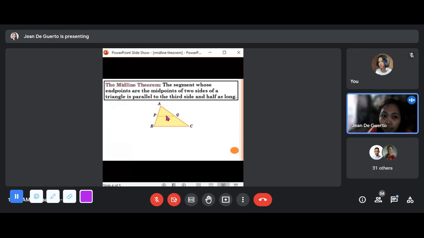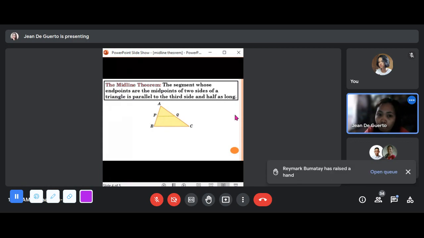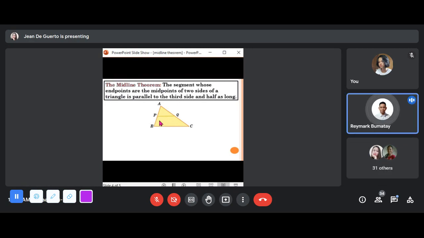Ano kaya magiging measurement ng segment BC if line segment PQ has a measure of 2 units or 2 centimeters? Raymark? 4 centimeters po, ma'am. Yes, we have 4 centimeters, right?